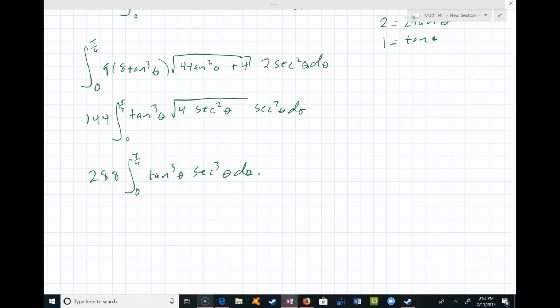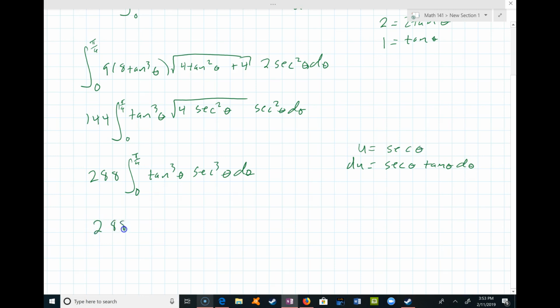If I make du equal to secant squared, that means that u has to be tangent squared, and that's a problem, because if I pull out a secant squared for the du, it leaves only one secant left over, and I won't be able to change that to tangent. So instead, I'm going to pick my du to be secant theta tangent theta d theta, which would mean my u has to be secant theta.